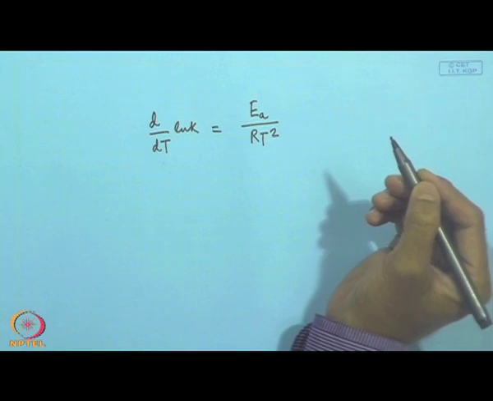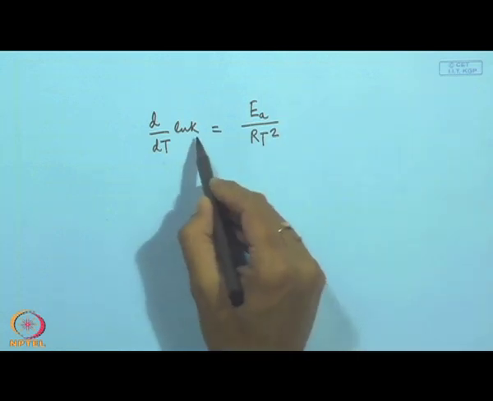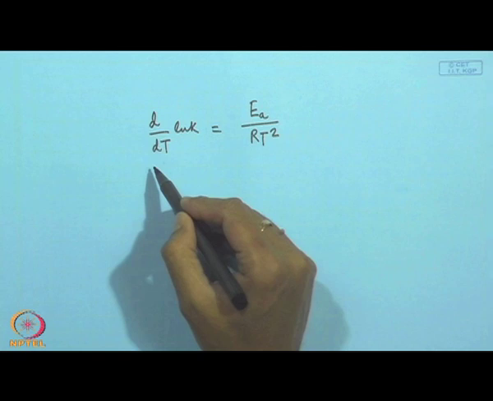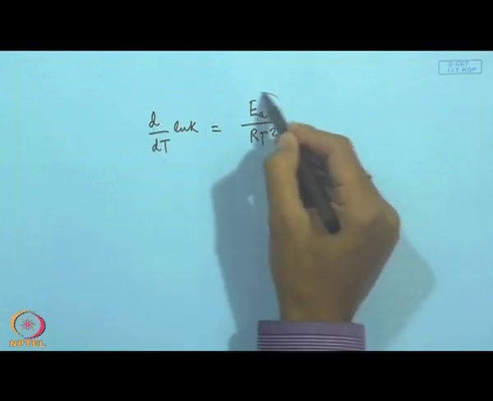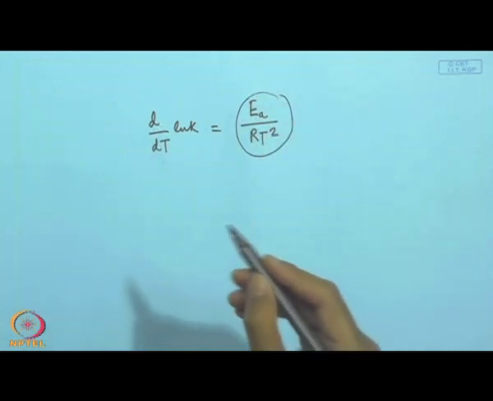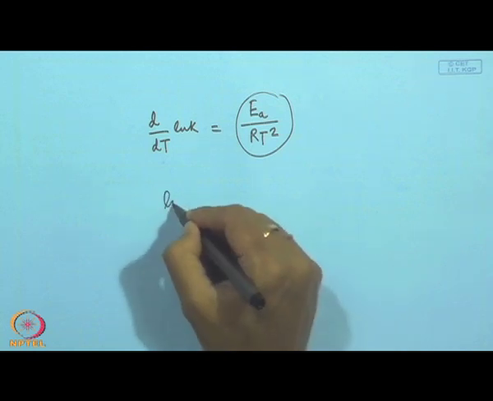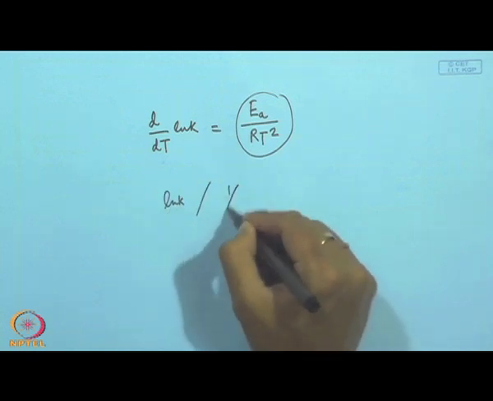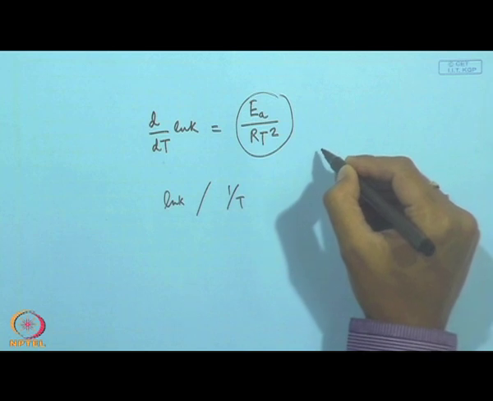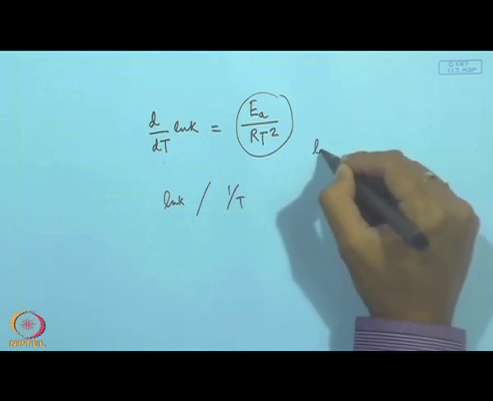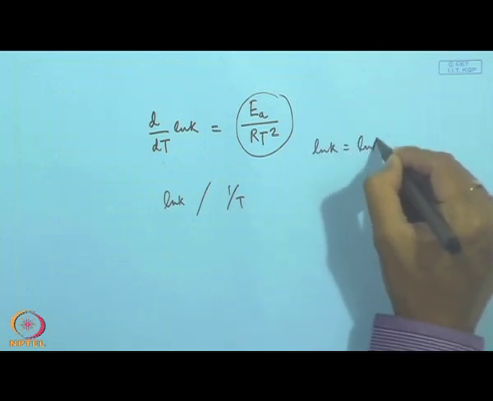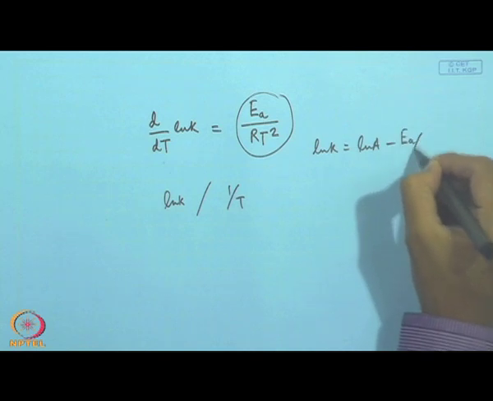So, if you take the logarithm of the rate constant and then take the derivative, it will give you this quantity. Therefore, if you take the logarithm of your original expression, then ln K is equal to ln A minus Ea by RT.